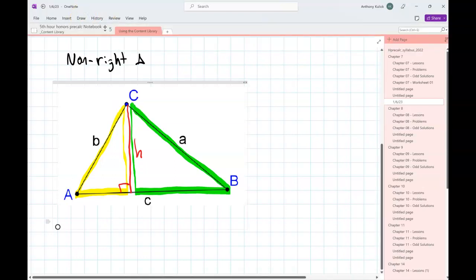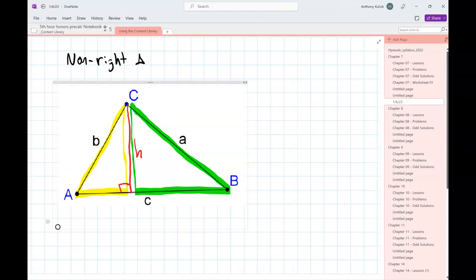And by creating two right triangles, what I've allowed myself to do is use SOHCAHTOA and the Pythagorean theorem inside of those right triangles. So if I look at the yellow triangle, I could say something like sine A is equal to opposite over hypotenuse. And inside the green triangle, I could say something like sine B is equal to opposite over hypotenuse.